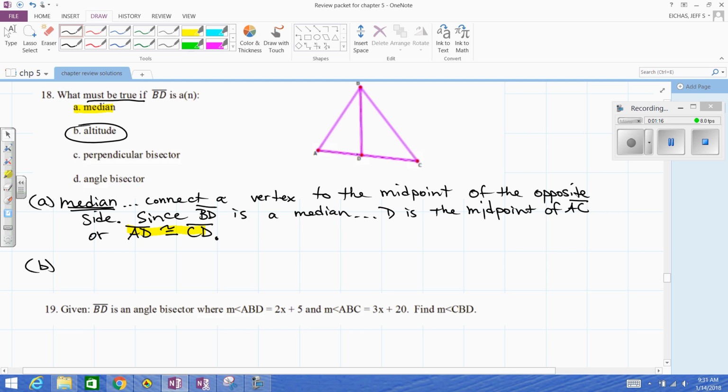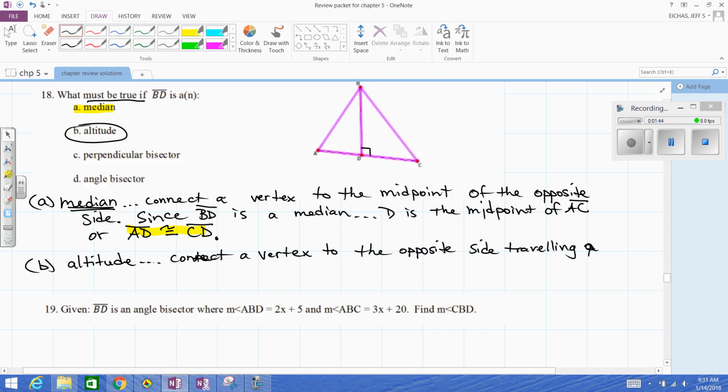If it's an altitude, then what we should have is a right angle there. Okay? So if it's an altitude, what it does is we connect the vertex to the opposite side, traveling perpendicular to that opposite side.